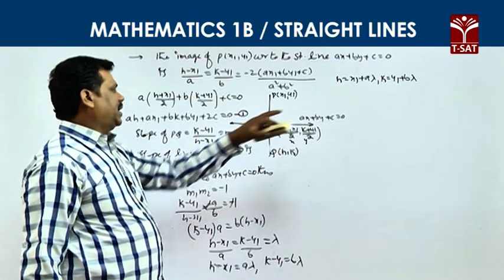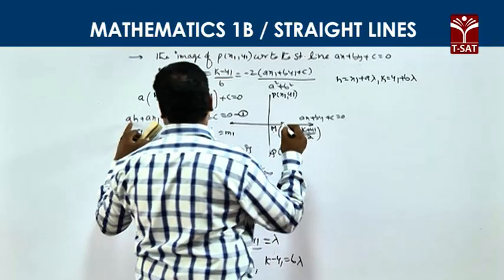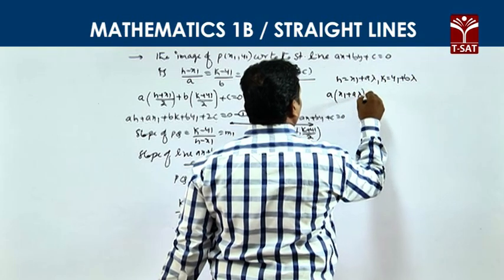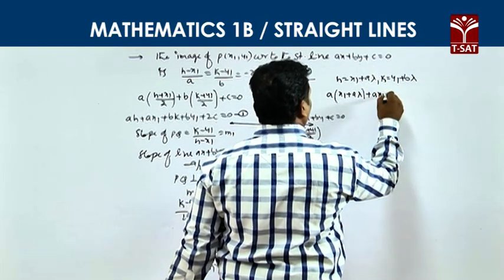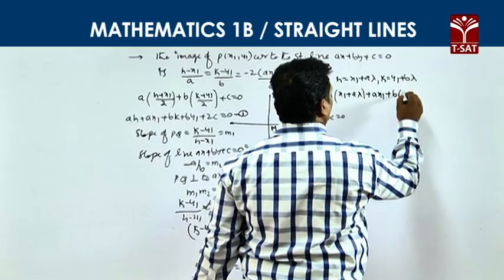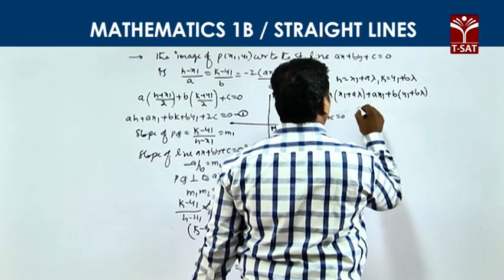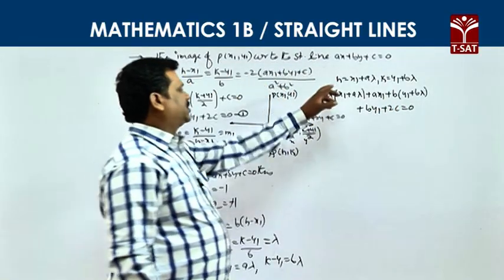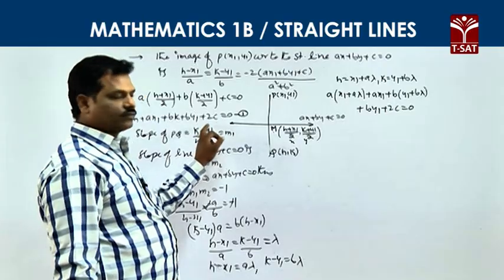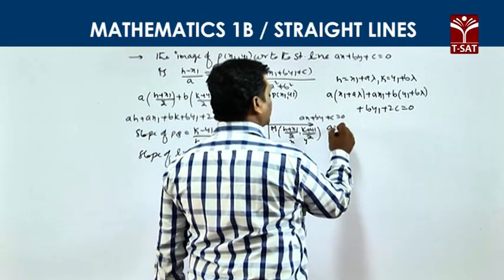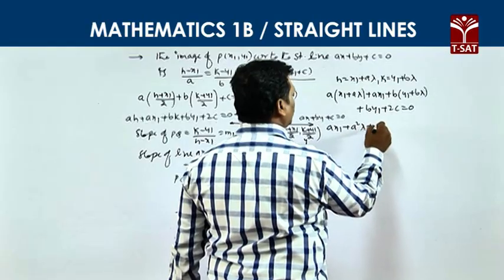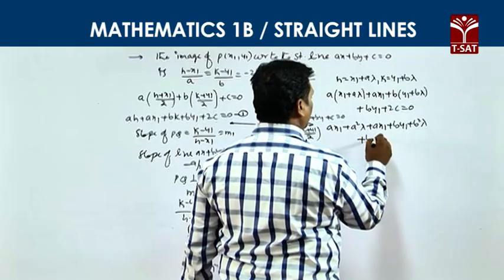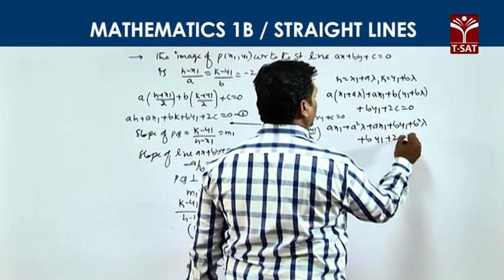Substituting h, k in equation number 1. What is equation number 1? a(x1 + aλ) + ax1 + b(y1 + bλ) + by1 + 2c = 0. You are substituting h, k in equation number 1. We get ax1 + a²λ + ax1 + by1 + b²λ + by1 + 2c = 0.